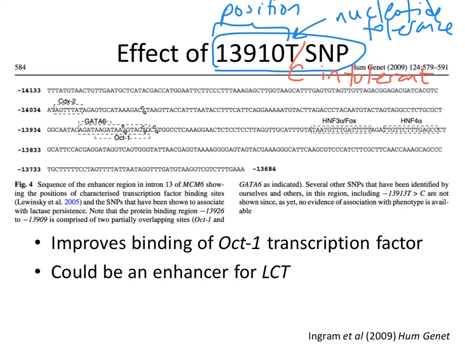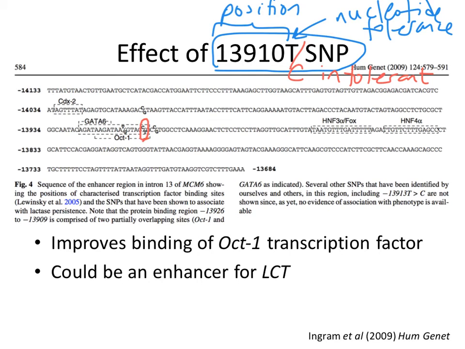Here is the change itself. If you really zoom in, there's a thing there that says C/T. That's the position of this mutation. C, you're intolerant, T, you're tolerant. That happens to be part of a sequence that a protein called OCT1 recognizes.